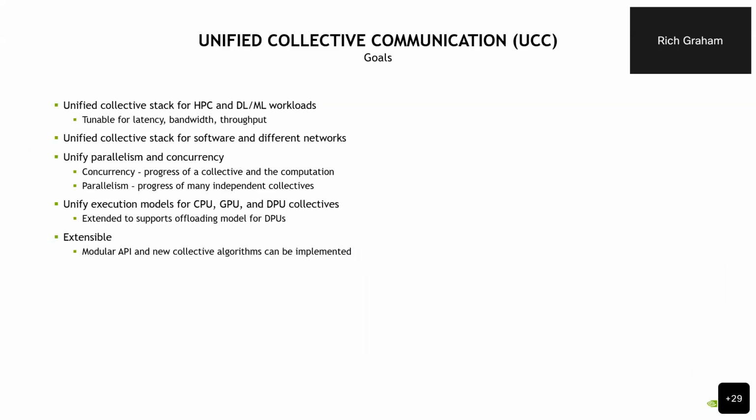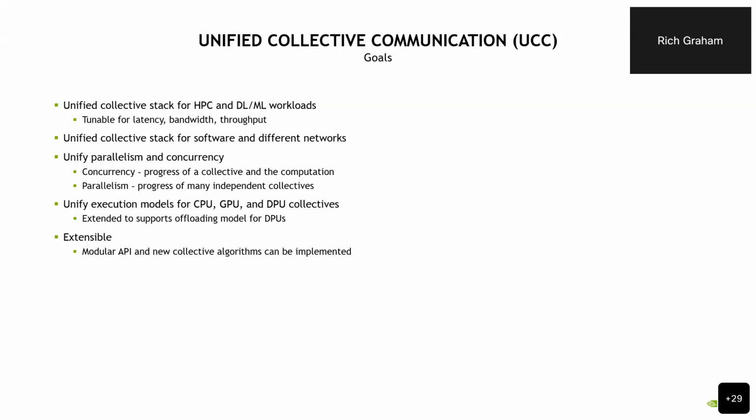So this is the parallel of UCX in the context of collectives. It's intended to support HPC and DL/ML workloads. So that's really a lot of the focus in terms of looking at performance, and drives a lot of how the architecture is designed.